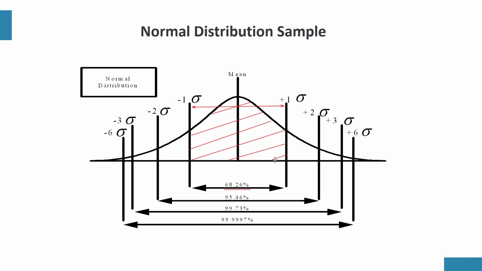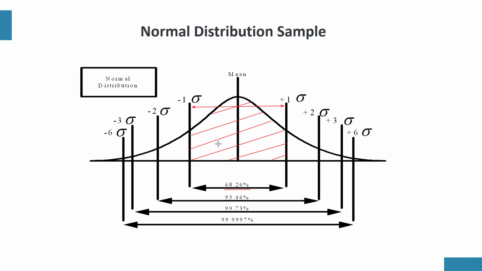So that means that if an organization is operating at 1 sigma, it simply means that 68.26% of everything they produce is defect-free. So take, for example, a company producing at 1 sigma.